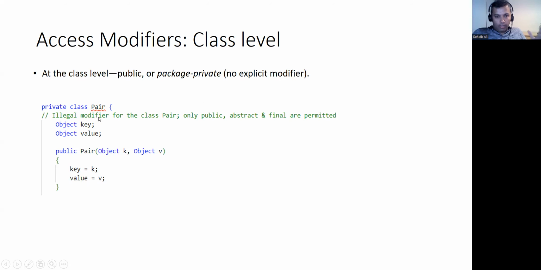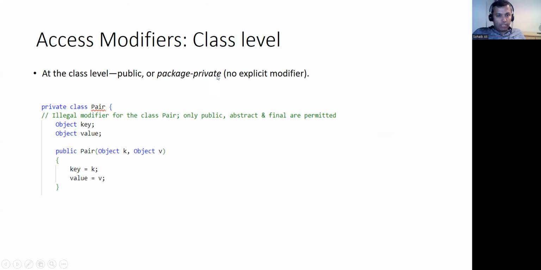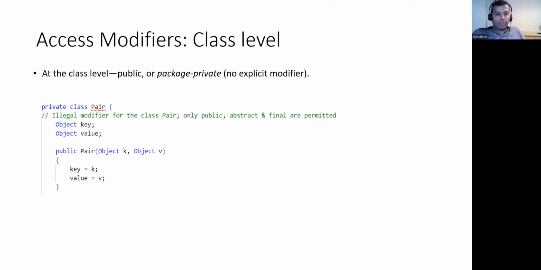You can have public classes, which means that if that class is in some package, it will be available not only to that package, but also outside that package. If you do not specify anything, it is package private, in the sense that that class will only be available to those classes that exist within the same package.